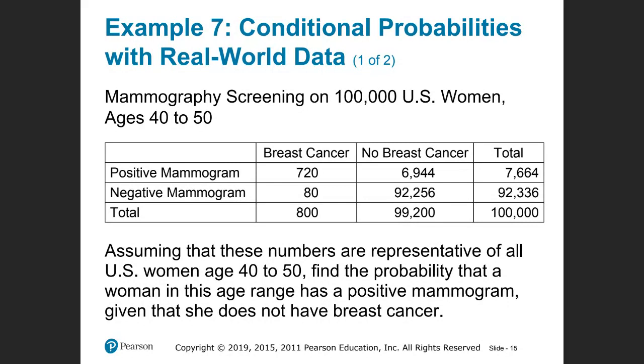A negative one, breast cancer, no breast cancer with a total. And the last row gives the total for each column. Assuming that these numbers are representative of all U.S. women age 40 to 50, find the probability that a woman in this age range has a positive mammogram, given that she does not have breast cancer.